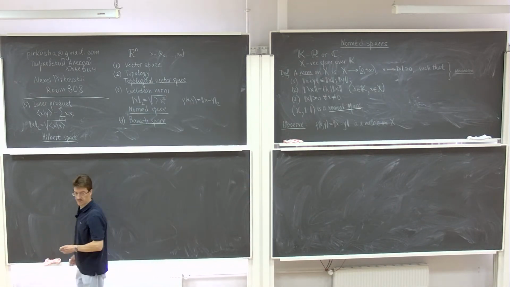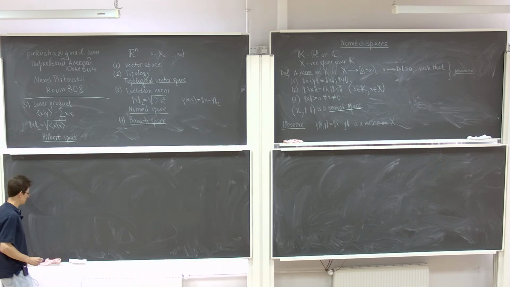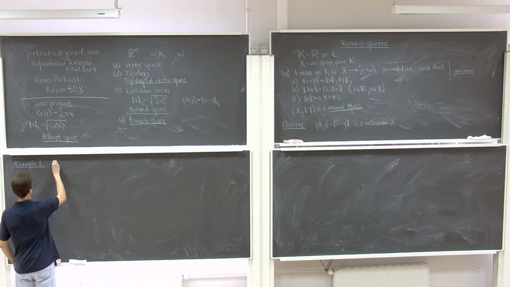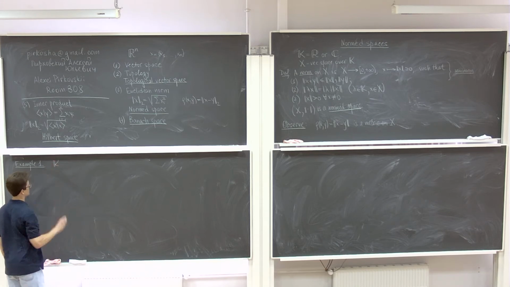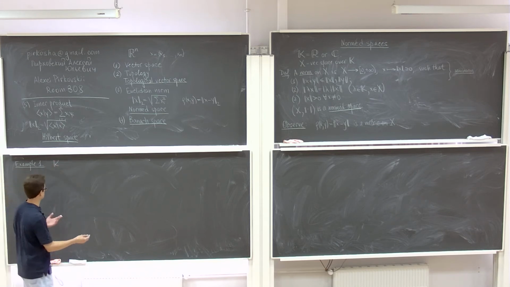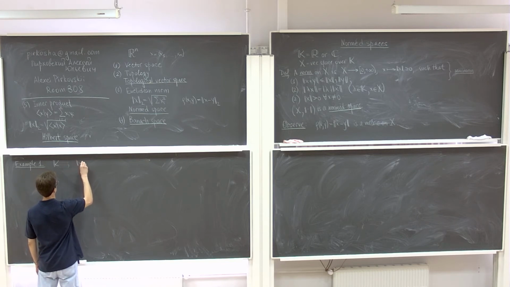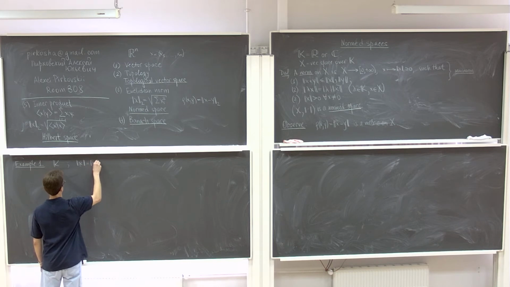Okay, let's now look at some examples of normed spaces. First of all, let's observe that the field K itself is a normed space over itself. And the norm is just the absolute value.